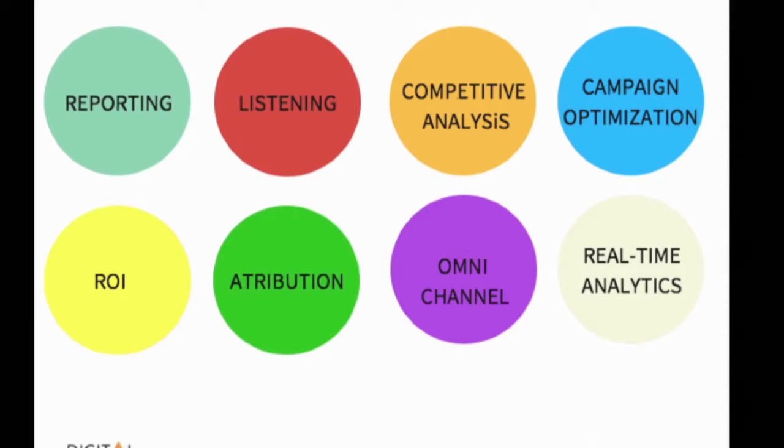It can tell you where is the attribution, the channel attribution, that can help you use omni-channels, and that can show you real-time analytics. So these are the categories of those tools that I want to show you today.